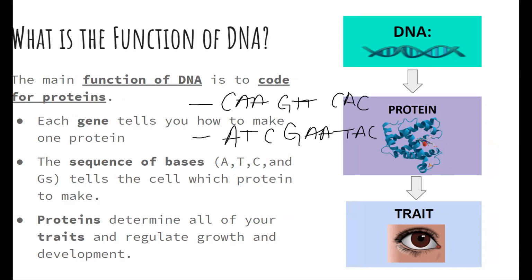Notice how the sequence of bases, the order of those nitrogen bases, is different. So the kind of protein it's coding for is probably going to be different. This is where our information is stored, in the sequence of those bases.